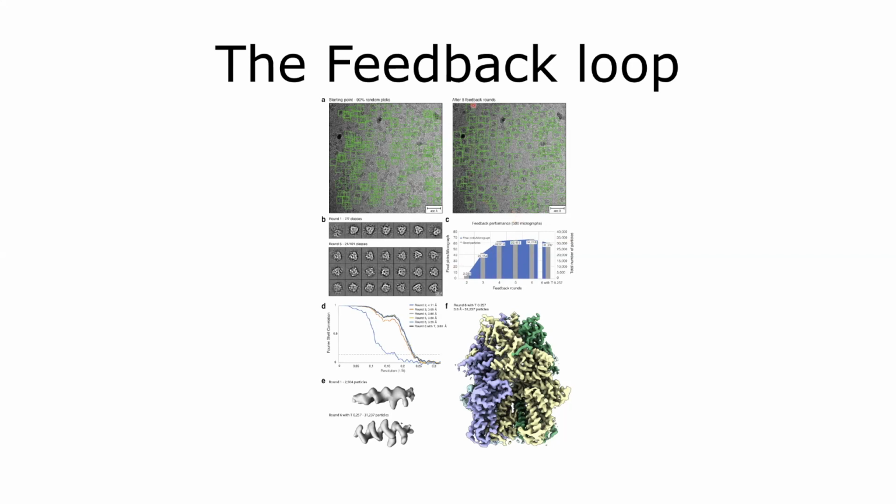After the first feedback round, we can automatically determine the best picking threshold for the set of best selected particles that we got after Cinderella 2D class selection. This means we can start with a very non-conservative threshold of like 0.1, which means pick basically everything you find, so that we don't miss any rare views. At a later stage, the feedback itself will tell you that we don't need 0.1, 0.257 is actually much better.